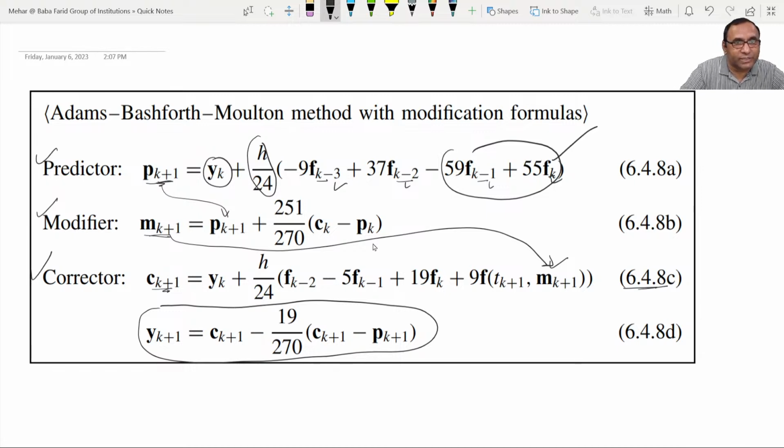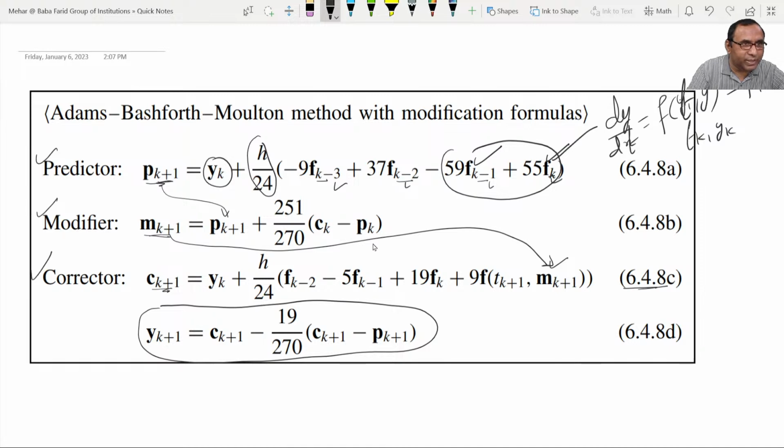So this is dy upon dx, dy upon dt, f by fty. Okay, so when we have tk and yk, this will be equal to fk. So we want to find out the value for this one.